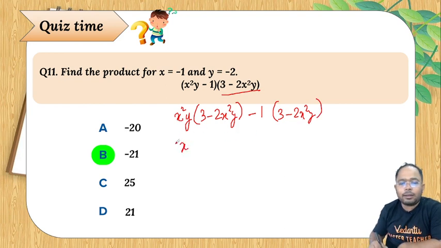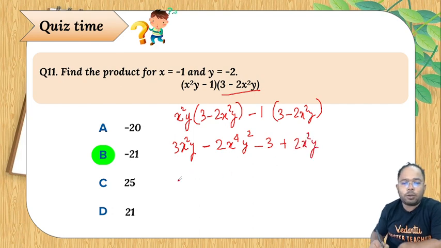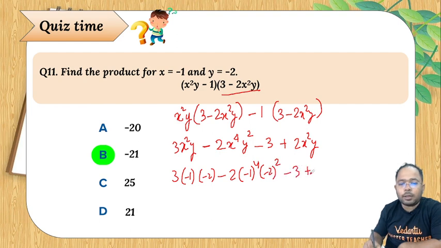So 3x square y minus 2x to the power 4 y square minus 3 plus 2x square y. So just put the values: 3 into minus 1 into minus 2, minus 2 into minus 1 to the power 4 into minus 2 to the power 2, minus 3, plus 2 into minus 1 whole square and minus 2.